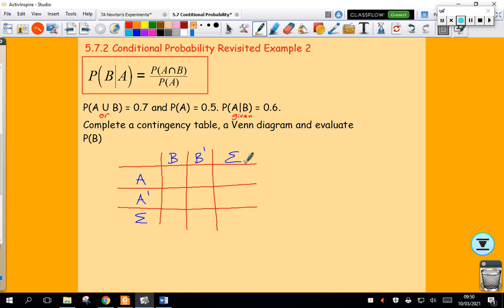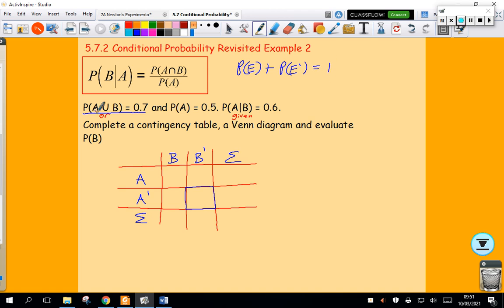So the first thing, if I look at this first piece of information, the probability of A union B is 0.7. Well, where can I put that? There's no cell actually for A union B, but this cell here, A complement intersection B complement, that is the complement of A union B. Now remember, we said before that the probability of any event added to the probability of its complement has to be equal to 1.